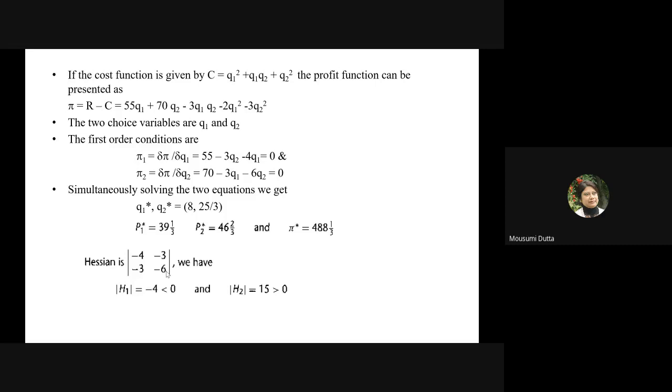The choice variables are Q1 and Q2. Remember, in these market economics, the choice variables are Q1 and Q2.